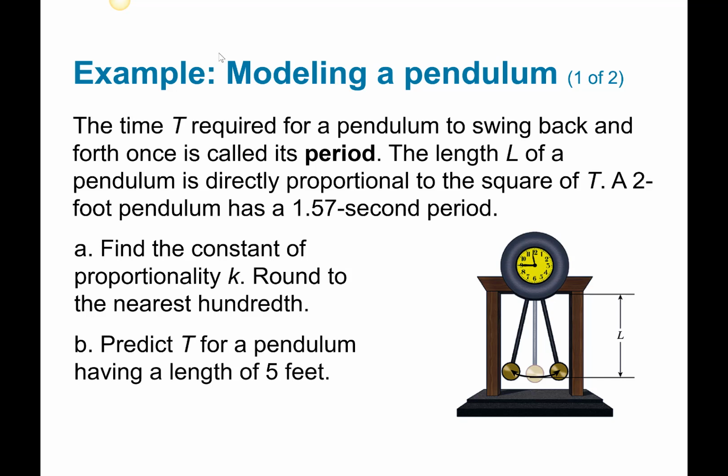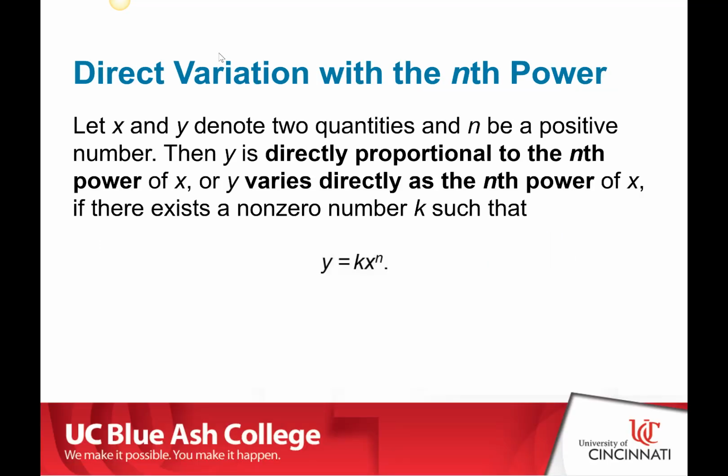The other day, we were talking about the idea of modeling movement where things are directly proportional. Directly proportional means as one gets bigger, so does the other. As one gets smaller, so does the other. Okay?